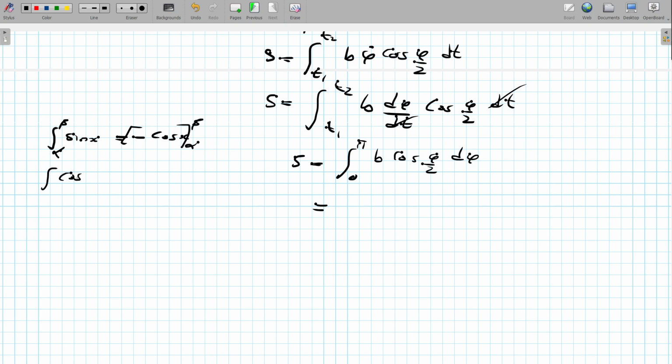The integral of cosine x between alpha and beta is going to be equal to sine x, evaluated between beta and alpha. Then the integral between alpha and beta of sine tx is going to be equal to, because we have a sine, we'll get a cos. That's the first thing that you're supposed to understand.